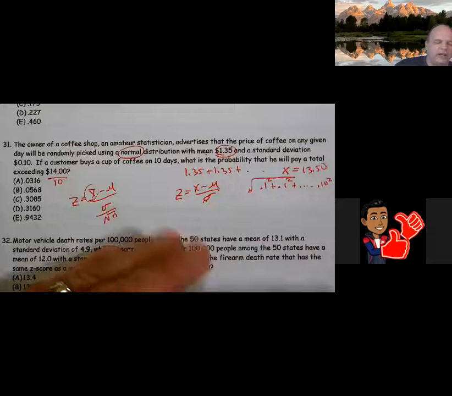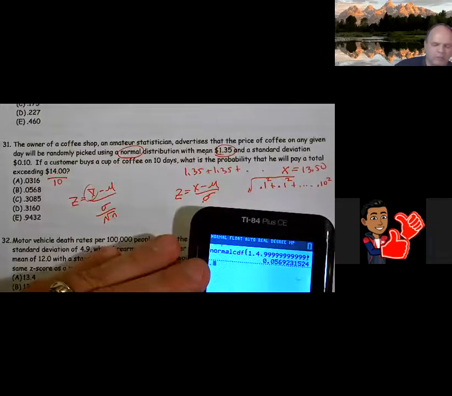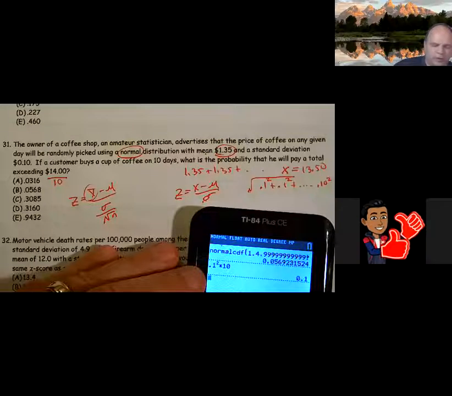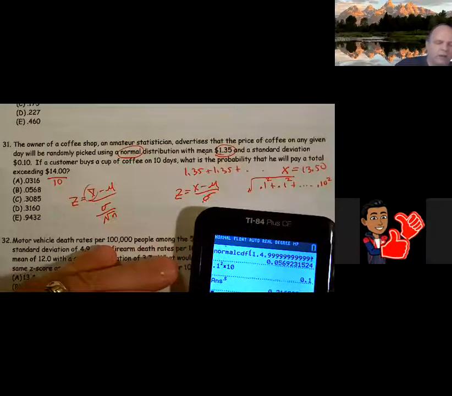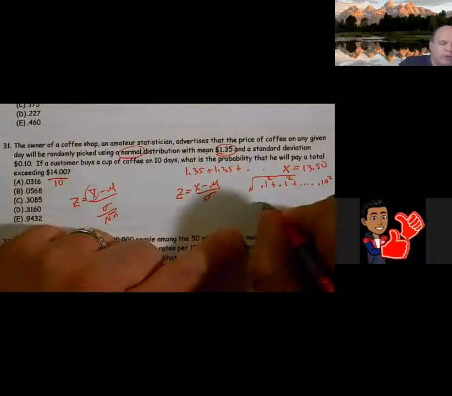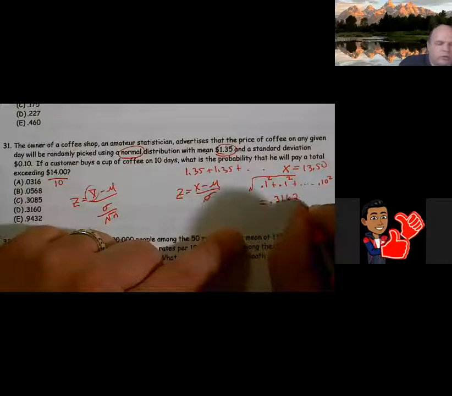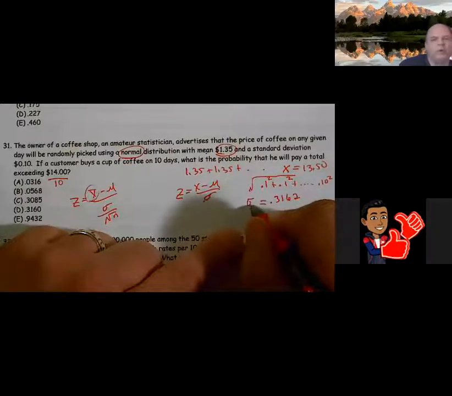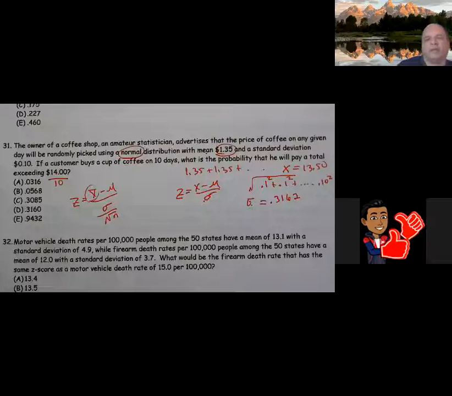If I had done that, 0.1 squared times 10, and then take the square root of that, I end up finding this square root equals 0.3162. That's the standard deviation for the 10 days.